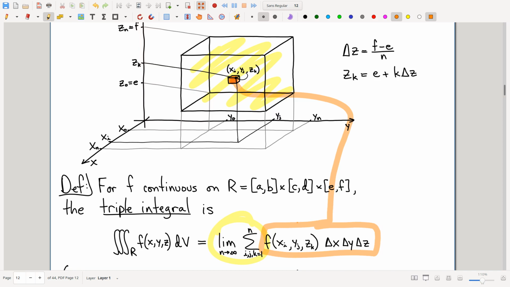That amount of stuff in a little piece needs to be something times volume. Something times size fits with our pattern from double integrals and single integrals. It's stuff equals stuff per unit size times size. So in this case, stuff per unit volume times volume. Does that make sense to everybody?